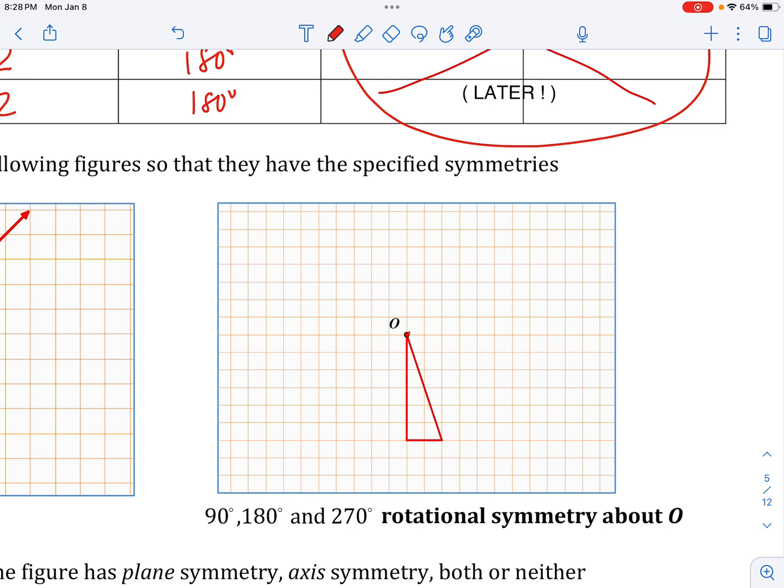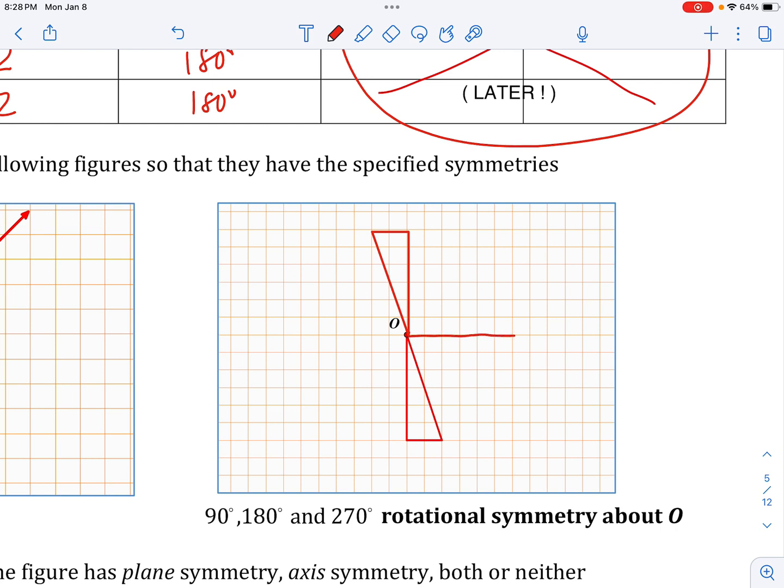Basically, rotating 90 degrees and looking the same means it's going to have order 4, because 360 divided by 90 is 4. I'm going to have to draw 4 versions of this at 90 degree angles. I'm just counting here: 2, 4, 6, 2 over, and like that. If I just did this, it would have rotational symmetry of 180 degrees, but I need it to work at 90 degrees.